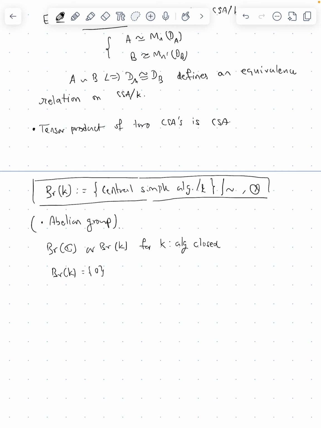So the Brauer group has to be just trivial. By the way, we have not said what the identity element looks like.